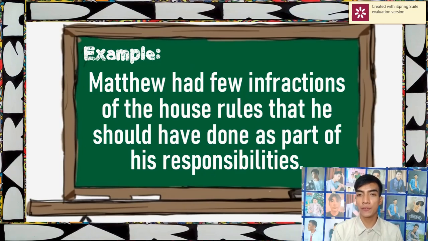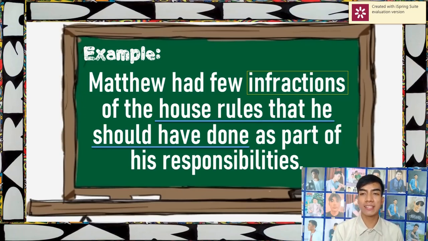Matthew had few infractions of the house rules that he should have done as a part of his responsibilities. The unfamiliar term here is the word infractions. Let's analyze the sentence by using the phrase house rules that he should have done.